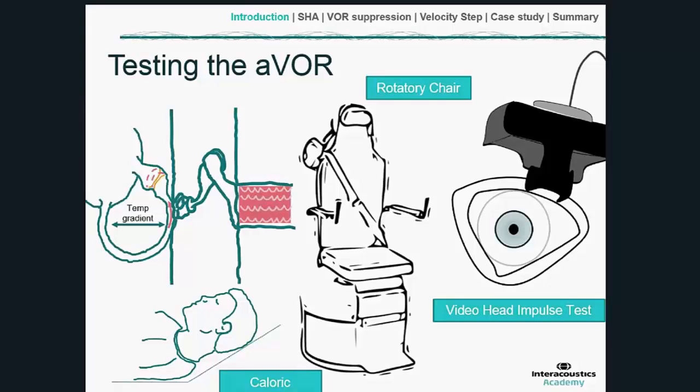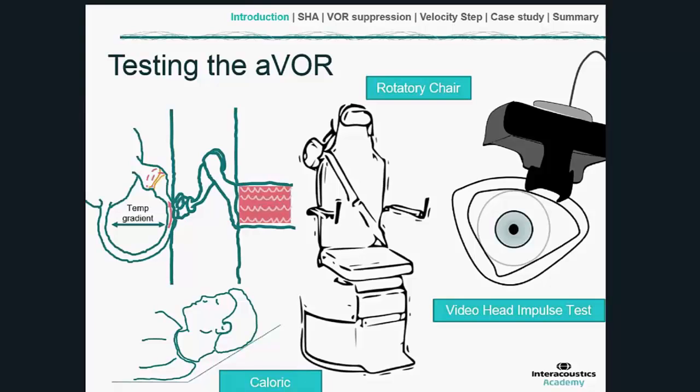The caloric stimulus, well, we calibrate the fluid that goes into the ear very carefully in terms of the temperature, volume and flow rate, but the actual temperature gradient that we set up between one side of the semicircular canal and the other is uncalibrated. That's because the efficiency with which the temperature change we put in the external canal transmits through to the inner ear will be different from one patient to another.